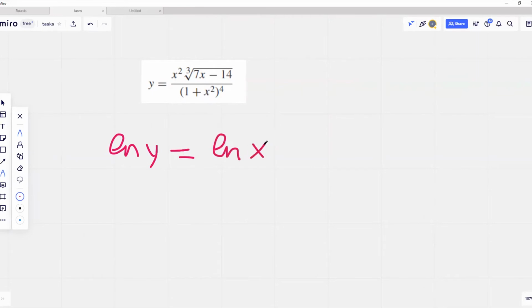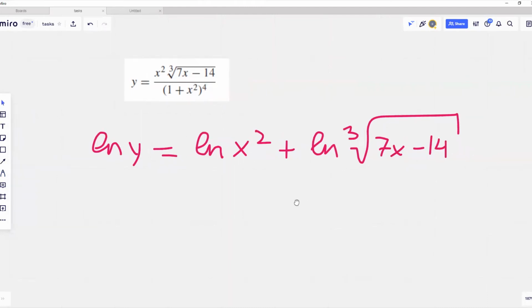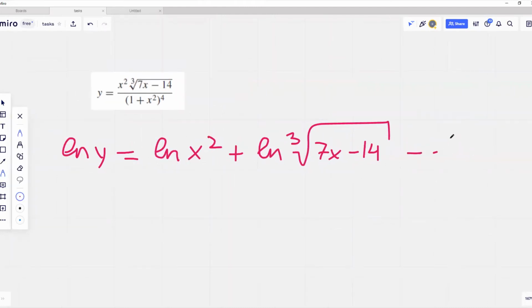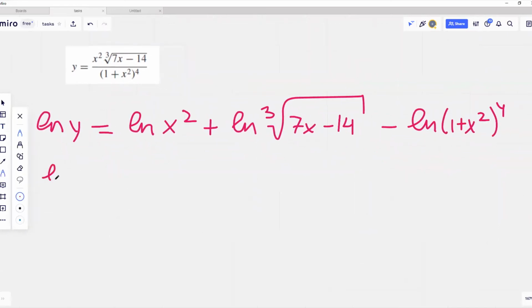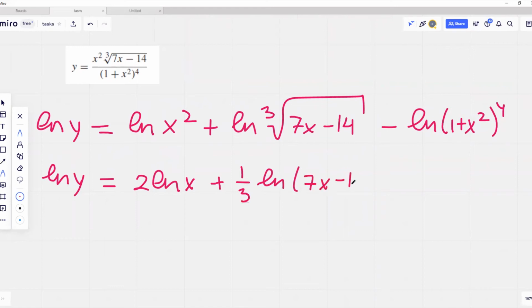So ln of x squared plus ln of the cubic root of 7x minus 14 minus ln of 1 plus x squared to the power of 4. So we'll end up with ln of y equal to 2 ln of x plus 1 over 3 ln of 7x minus 14 minus 4 ln of 1 plus x squared.